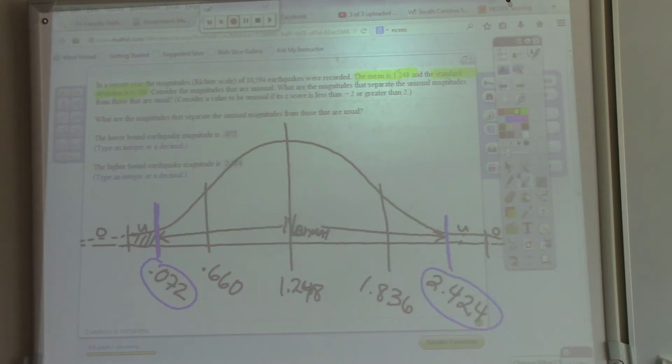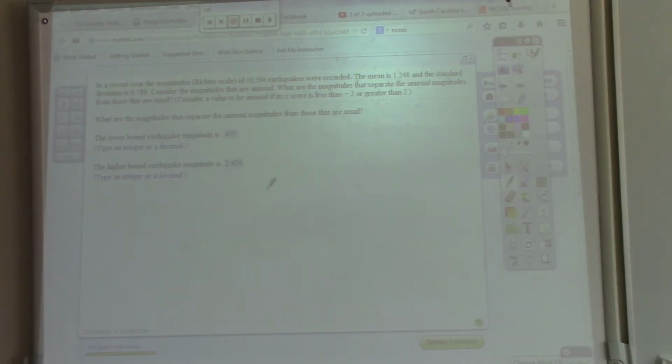You don't even need that. Just mark that out. The two most important numbers in statistics are the mean and the standard deviation. Third most important would probably be the median. Question on that one? Does that help? Okay. And that's a good test question too.